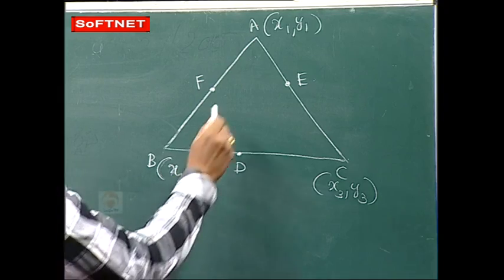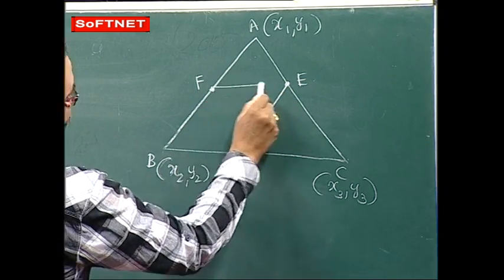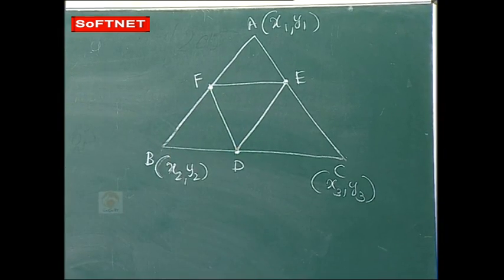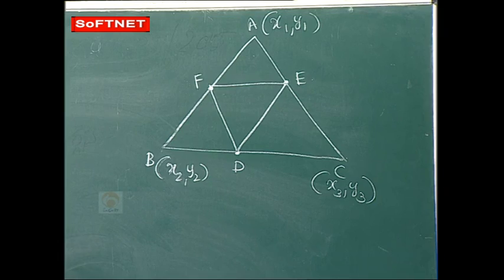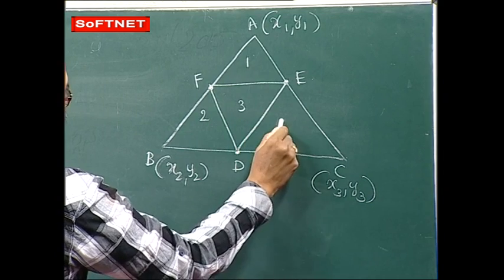Just you join DE, FE or DF. Now it divides how many triangles here you see? 1, 2, 3, 4 triangles.